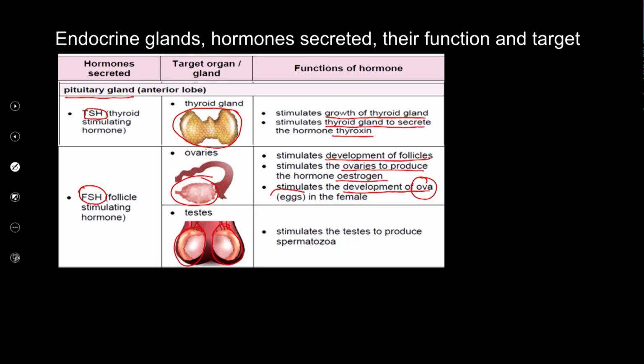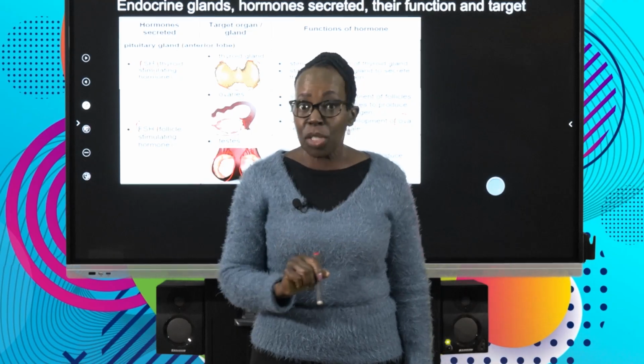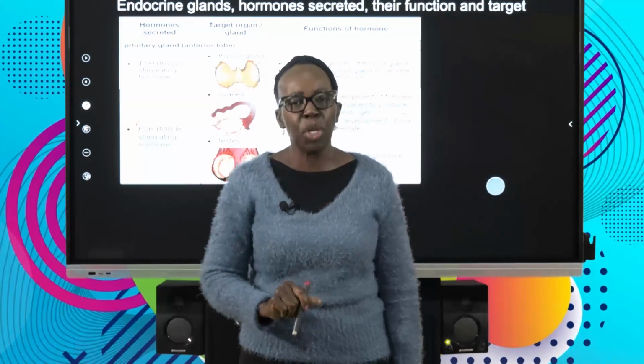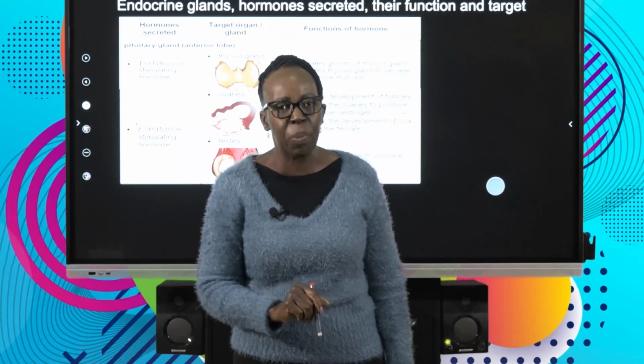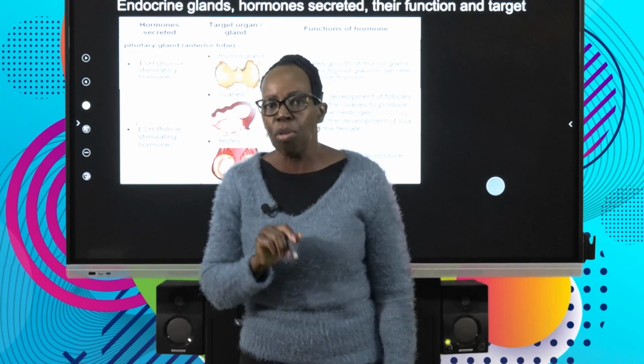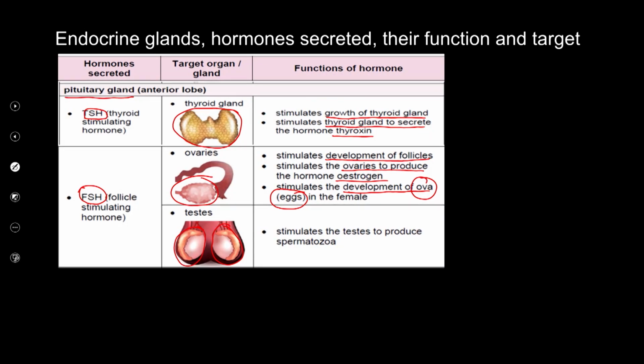I put this egg here. We're talking human beings. Human beings don't have a shell. So we're not using the word egg for human beings. We use the word ova or ovum. And in males, the follicle stimulating hormone stimulates the testes to produce spermatozoa.